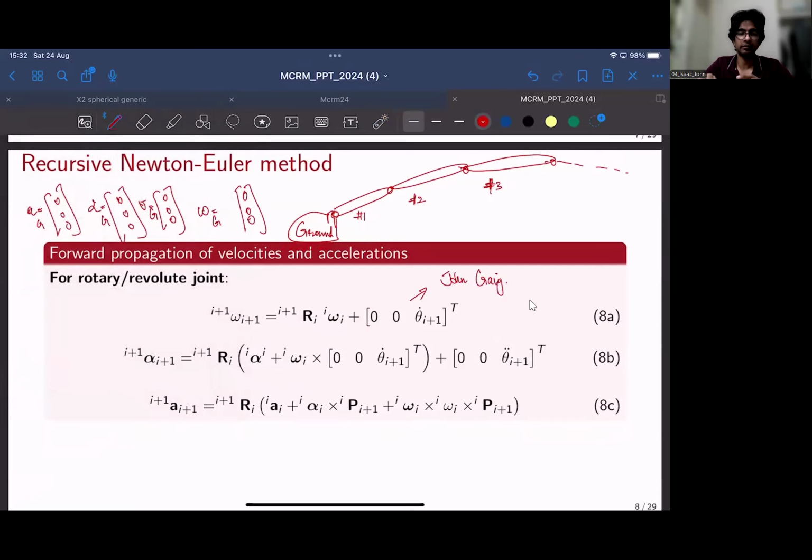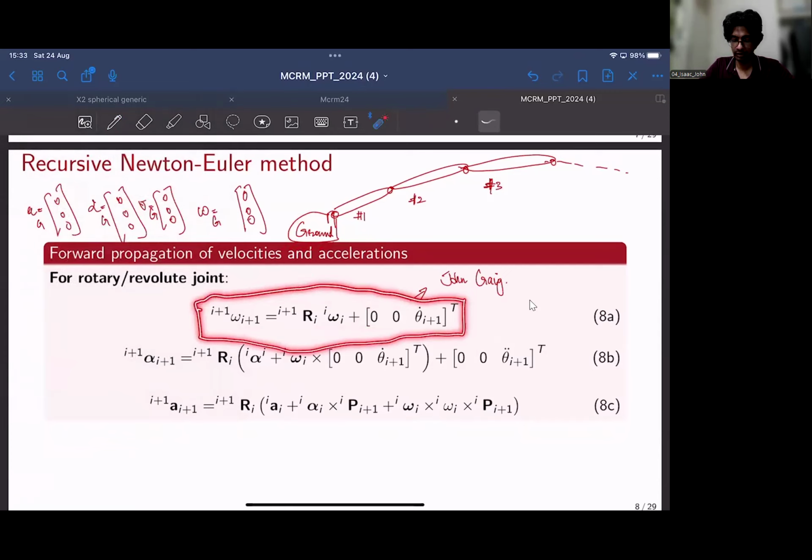I hope this has been mentioned in the syllabus or in the reference textbooks. You can also go back to Professor Shantakumar's lectures to understand how these recursive relations of angular velocities have been derived. And these laws are also available in any standard textbooks on rigid body dynamics.